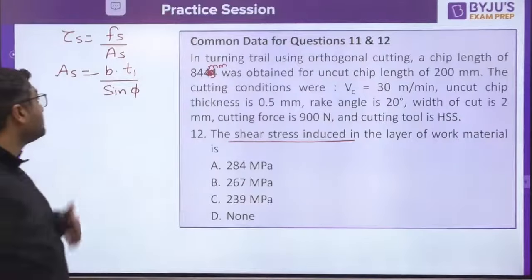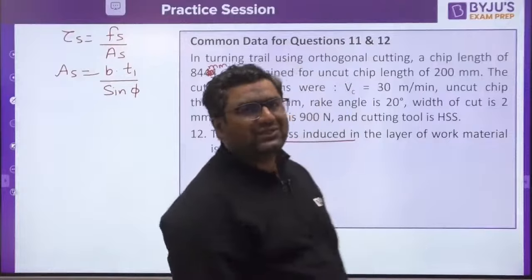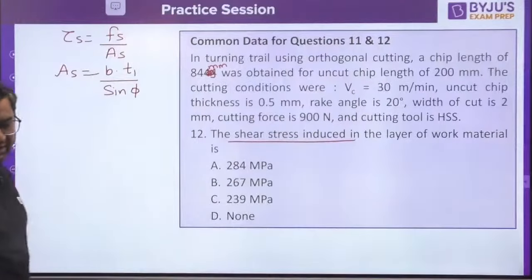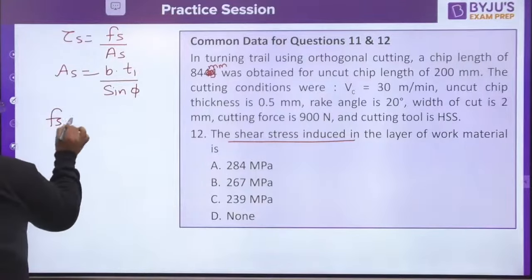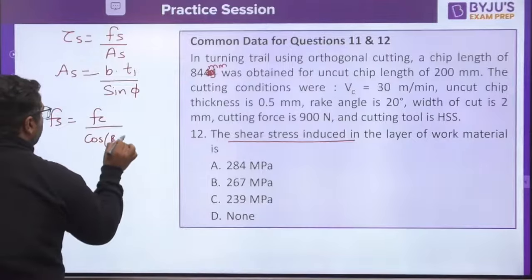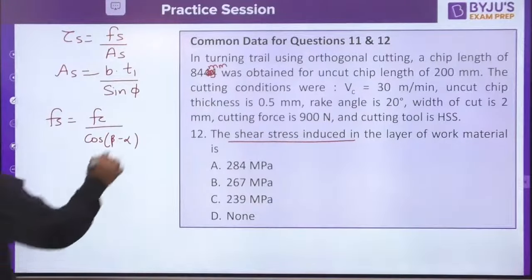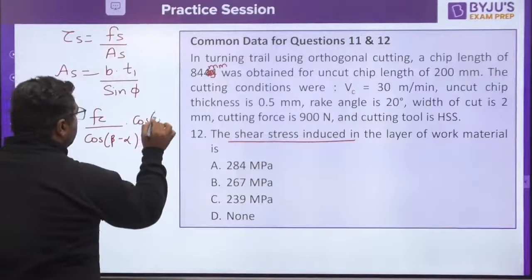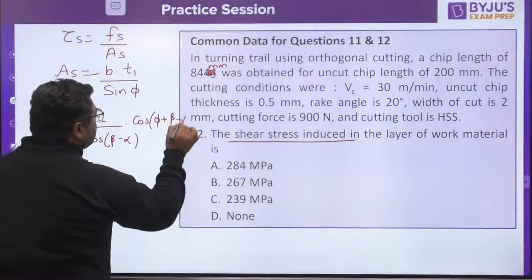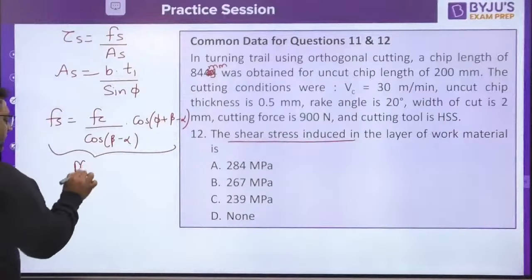Fs is shear force. So this is the formula you need to use to find the shear stress. And to find Fs, you need to apply Fs is Fc by cos of beta minus alpha into cos of phi plus beta minus alpha. This comes from the Merchant circle relations.